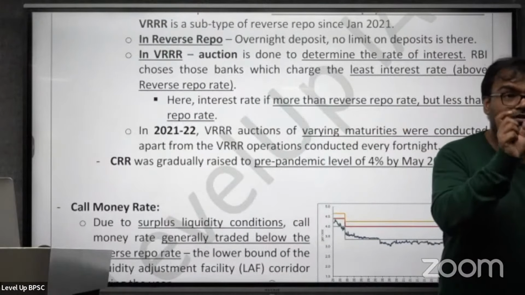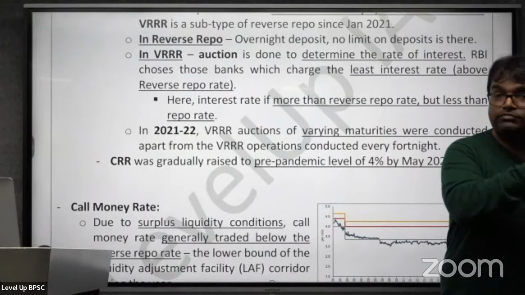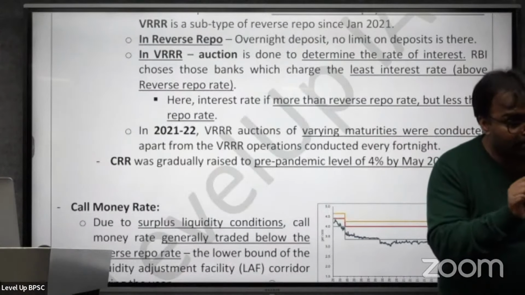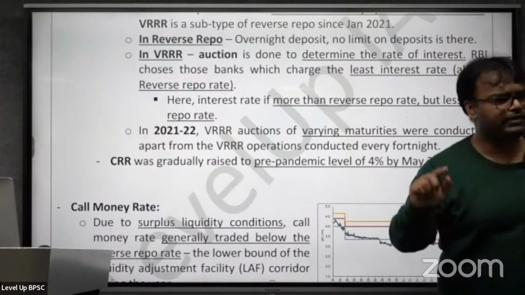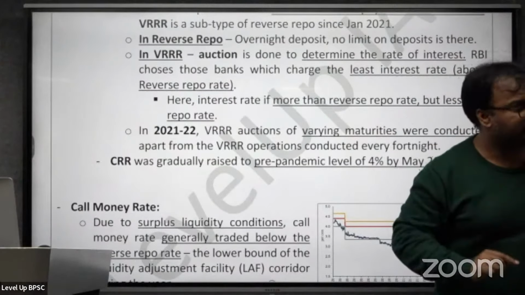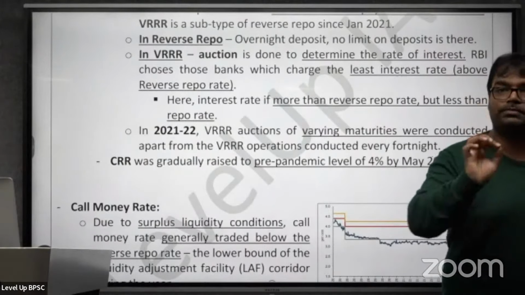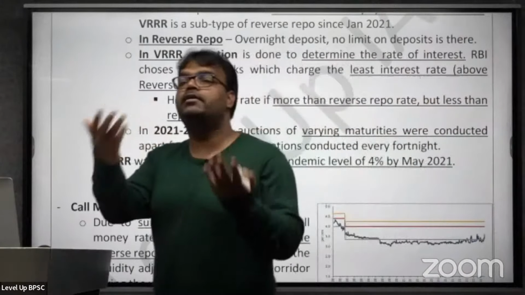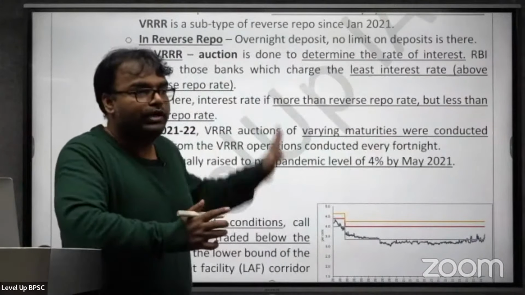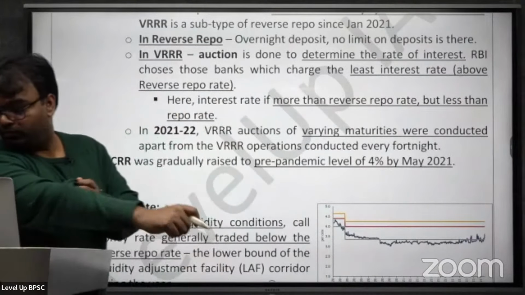But if you understand what exactly this VRRR is, you'll be able to look at those sentences and think, this is definitely wrong, this is definitely right. Only if you understand it very conceptually rather than just looking at the basic meaning and trying to cram what is given in the notes. Understand it. Okay, now.